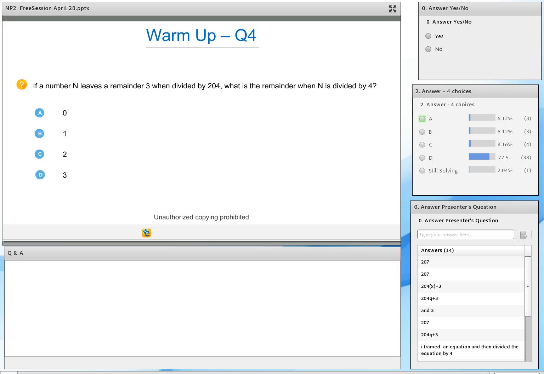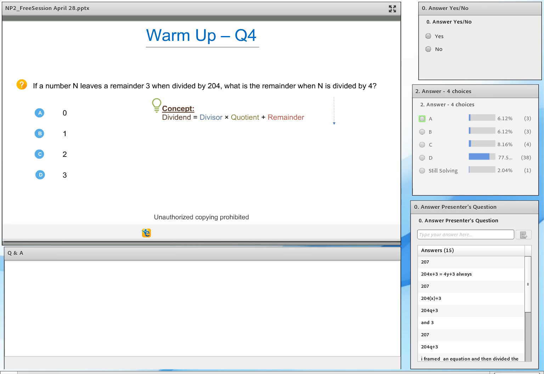So what I'm going to do now is show you that method, and you'll see throughout this session, because we are going to build upon this particular concept, how by applying that method you can solve even the most difficult of questions. Okay, so let's go through that. So here I'm going to apply my very first method, which is based on first principles. Dividend is equal to divisor into quotient plus remainder.